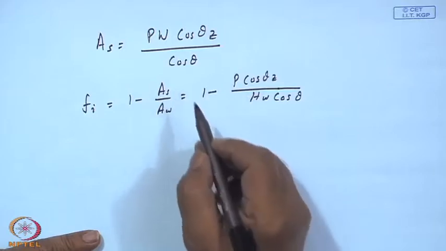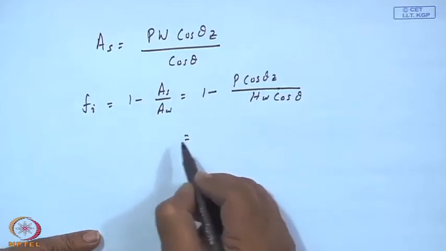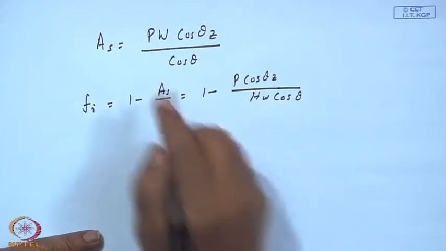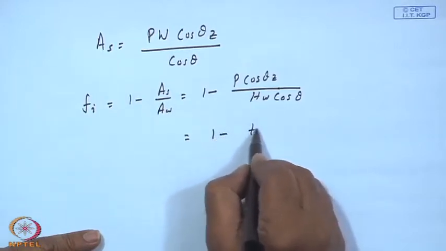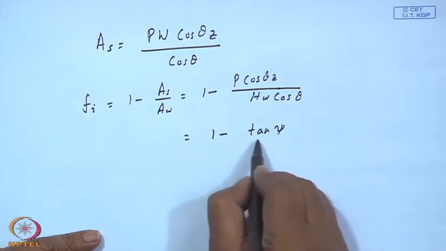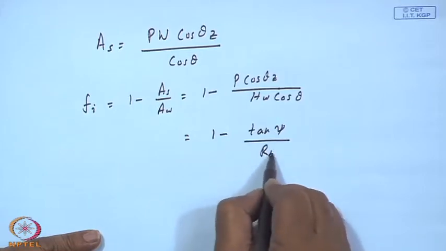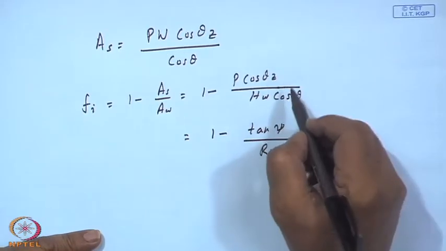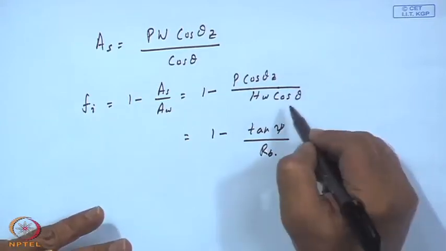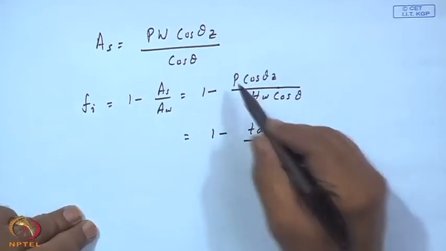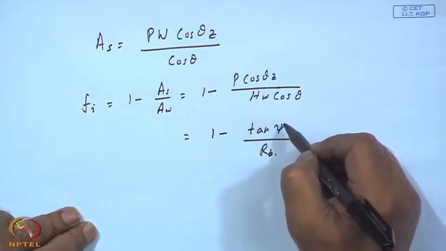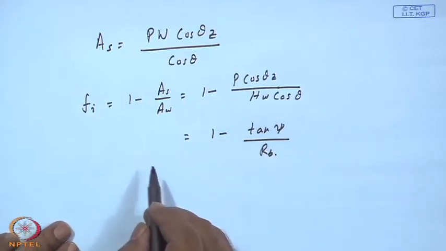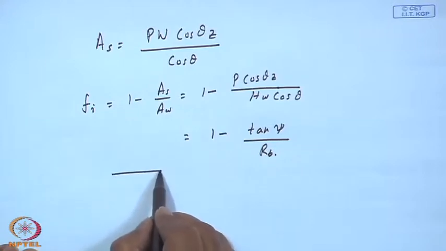A S is equal to P into whatever is y, equal to 1 minus tan psi by R B, because cos theta by cos theta z is nothing but R B, and P by H W of the window is nothing but tan psi, where that angle psi is shown.